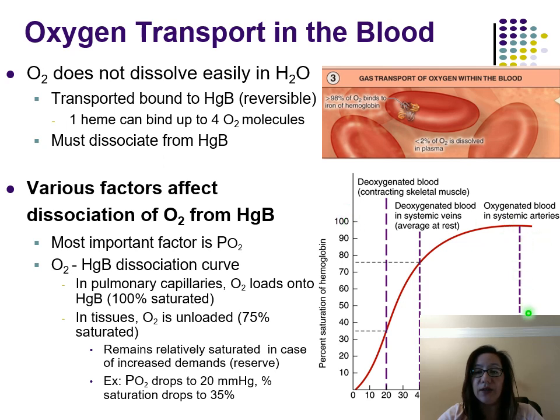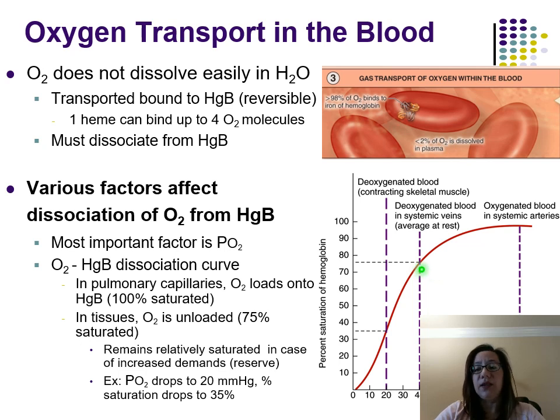As it goes through the arteries to the various tissues, and let's say when it delivers 1 oxygen molecule, it is now 75% saturated, though it is called deoxygenated at that point. And then blood goes back to the lungs, picks up another oxygen molecule, and goes back to being oxygenated.